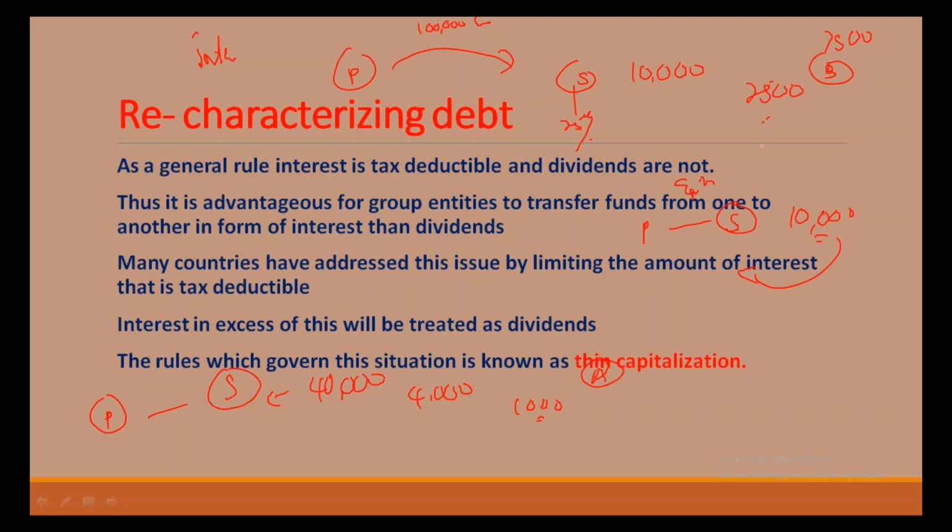Now this is also considered a kind of tax abuse, because they try to get more than what is normally allowed. If they borrow from the bank, they can only borrow up to 40,000 and only claim 1,000. But because they are borrowing from their own company, they put up 100,000, pay 10,000 interest and claim 2,500. Now this is not allowed by tax authorities.